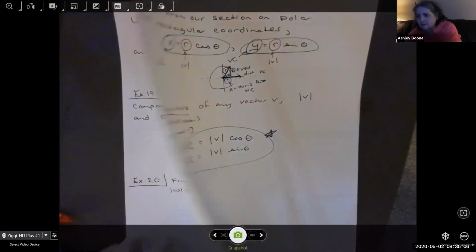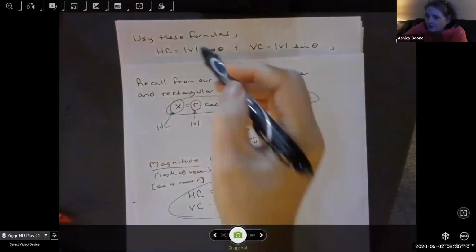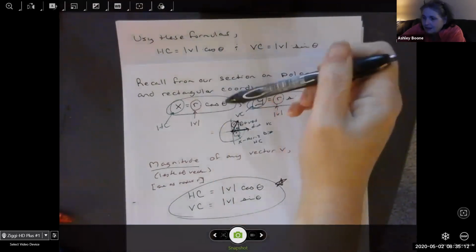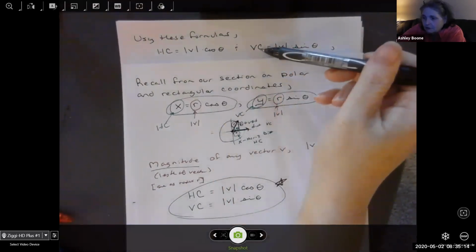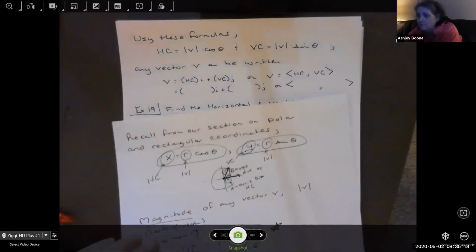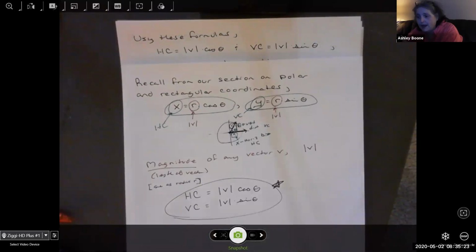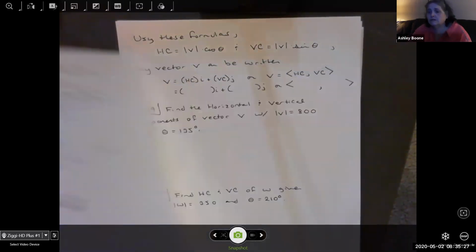So again, I'm going to go to a different page. I've just rewritten horizontal component, magnitude times cosine of an angle, vertical component, magnitude times the sine of an angle. So what that means is when you think about component form, how did we write component form?